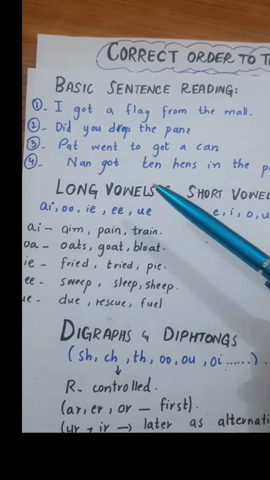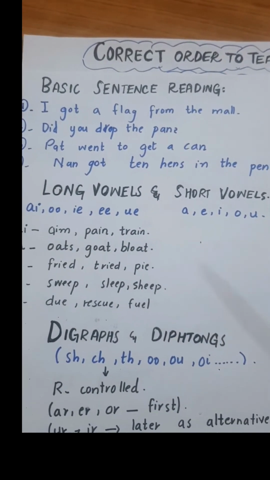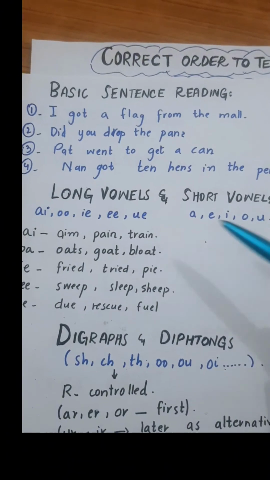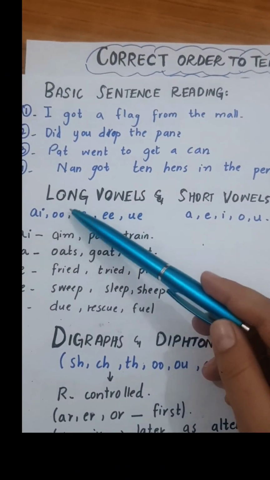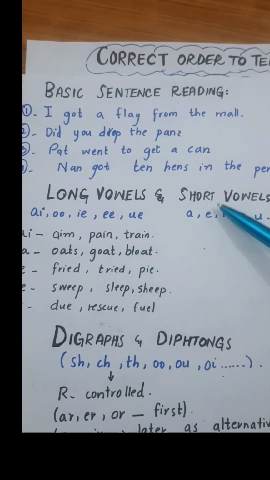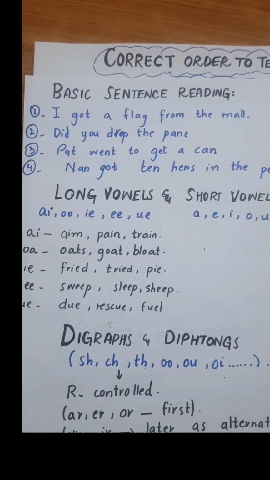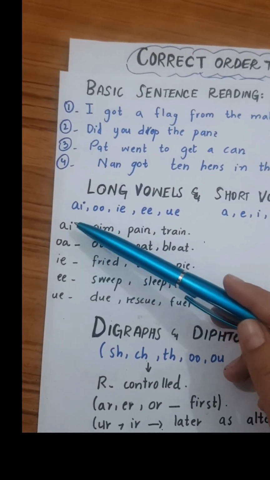And the other step is long vowel and short vowel words, and I have a video for that you can see. The long vowels include A, E, I, O, U, and the short vowels include A, E, I, O, U, as you all know very well.